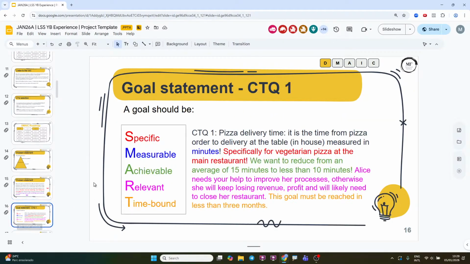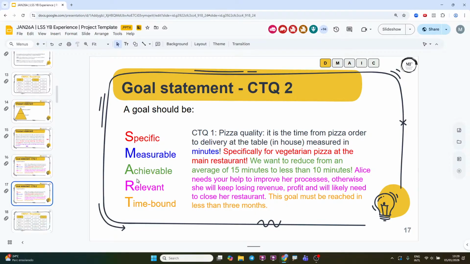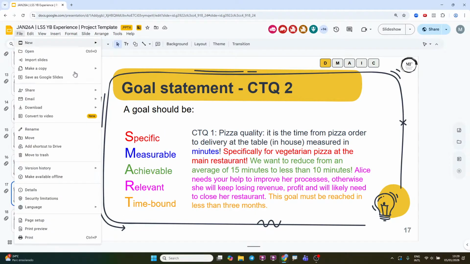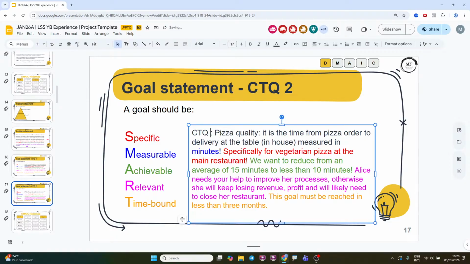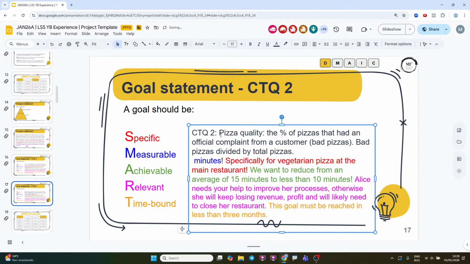Guys, if you want, you can make a copy of this file, and then you can add your notes in case you want, okay? So CTQ2, pizza quality.